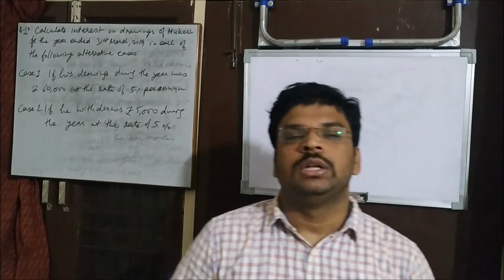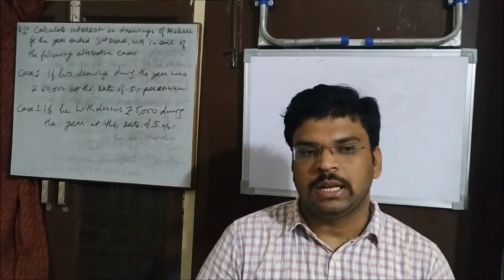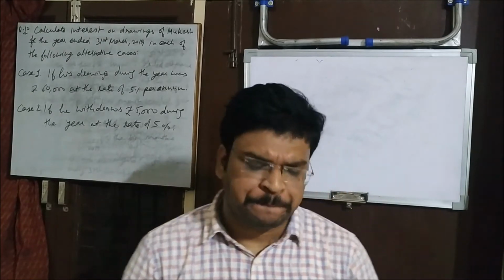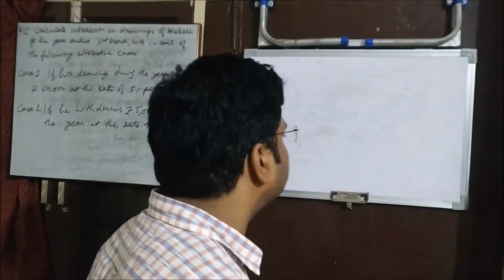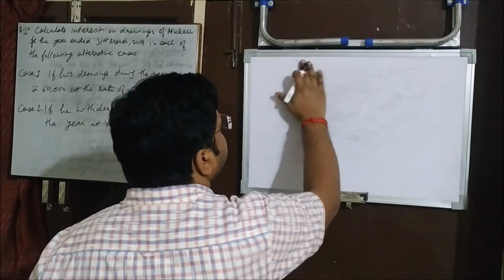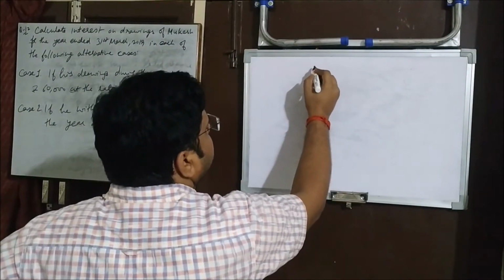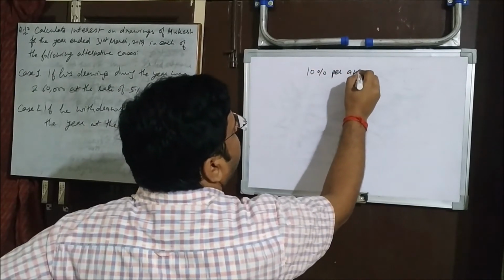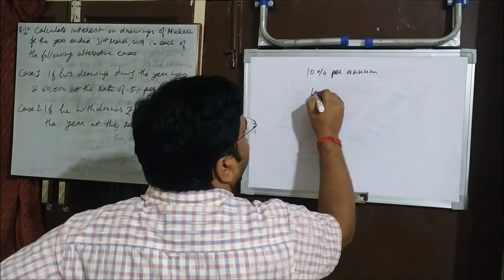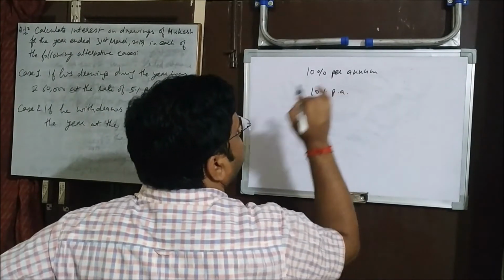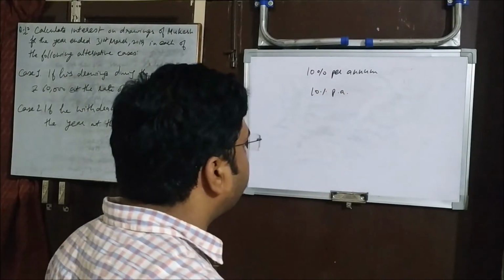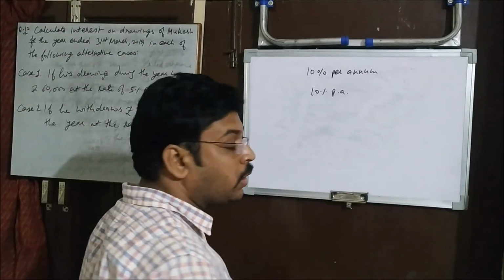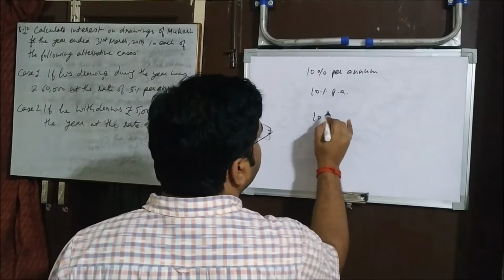Now the last two cases related to interest on drawing. Okay, very first case, sometimes in the question it is written, say for example, 10% per annum. Sometimes in the question of interest on drawing, it is written only 10%.